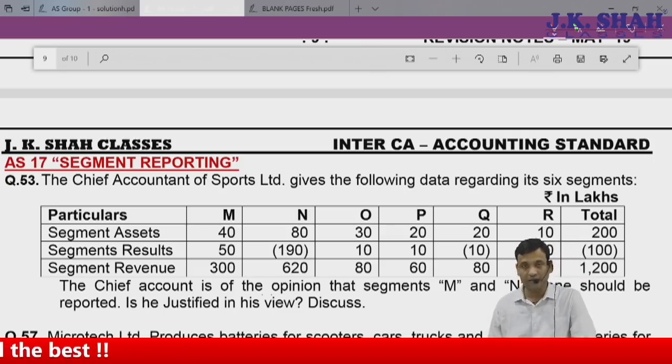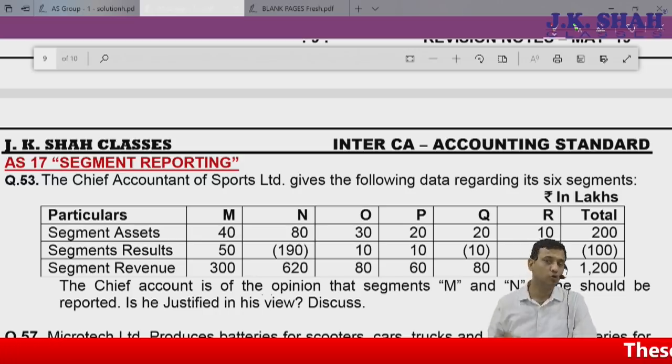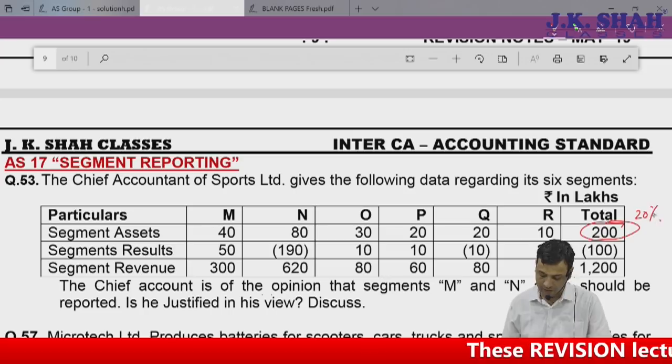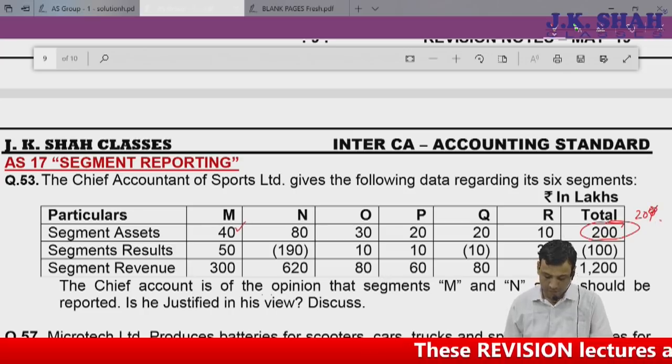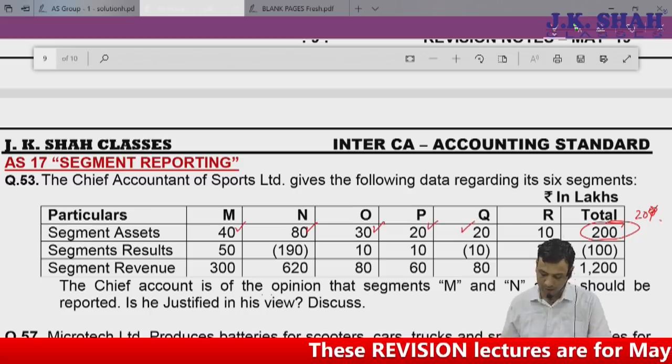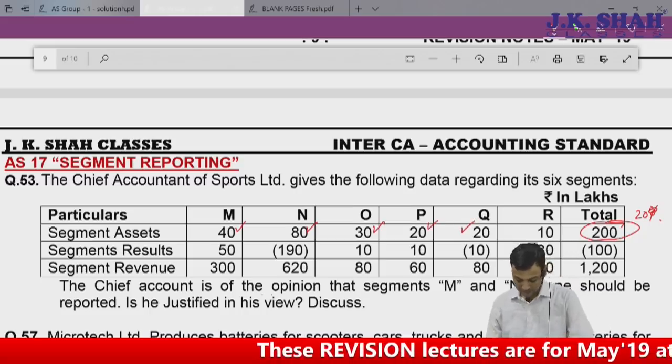So let's discuss it. This is the threshold criteria. If the segment revenue is 10% or more of your total segment revenue, then it is reportable. If you look properly, the total is 200, and 10% is 20.